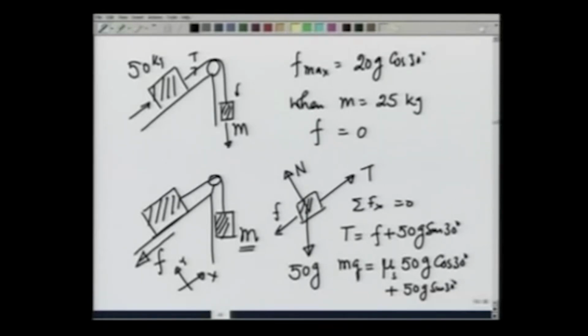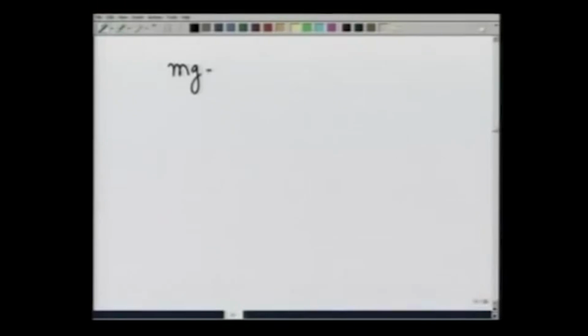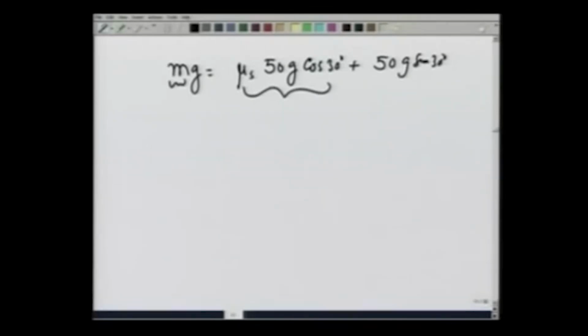And therefore, if I put in the numbers, I am getting mg is equal to mu s 50 g cosine of 30 degrees plus 50 g sine of 30 degrees. This is the maximum possible friction. So, this gives me the maximum possible mass m that will keep the whole thing still in equilibrium.